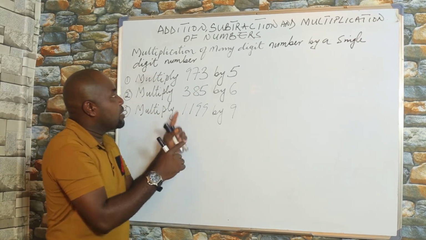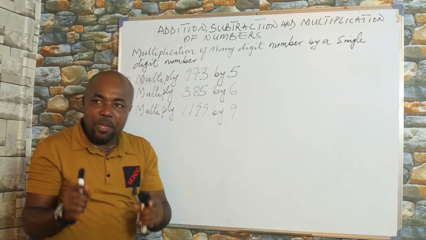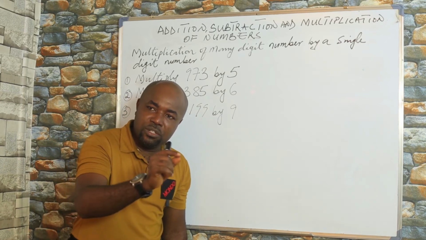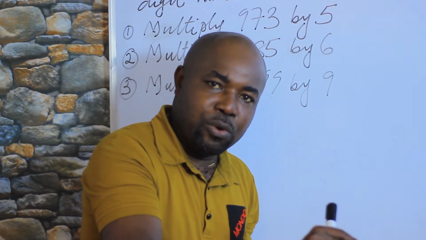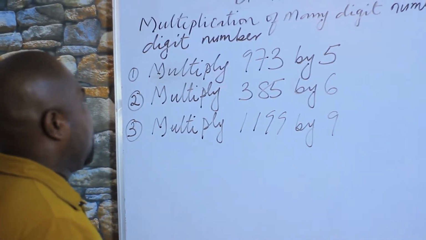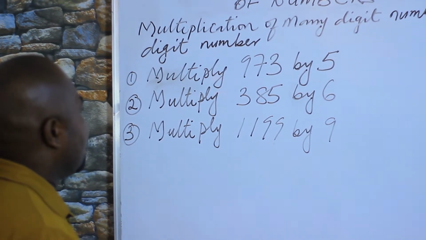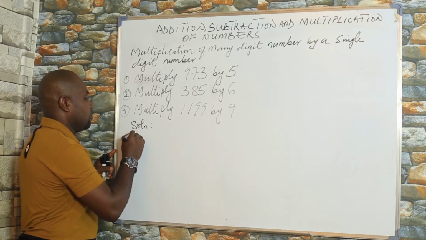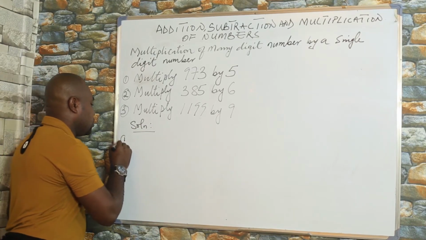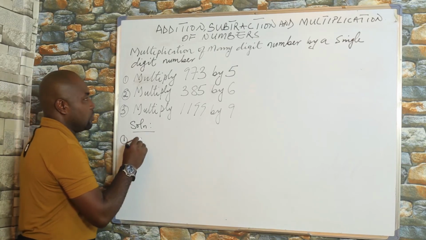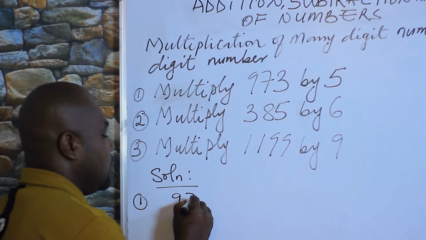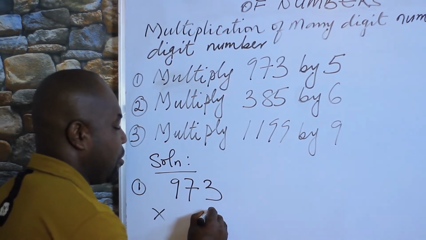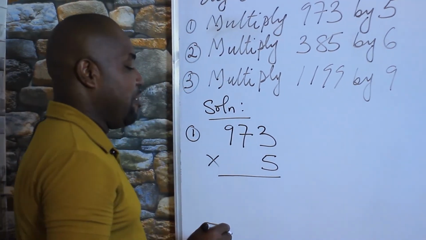I said we shall look at multiplication of many digit number by a single digit number. Are you following? All right. Let's take the examples. Solution. Number 1. 973 multiplied by 5.